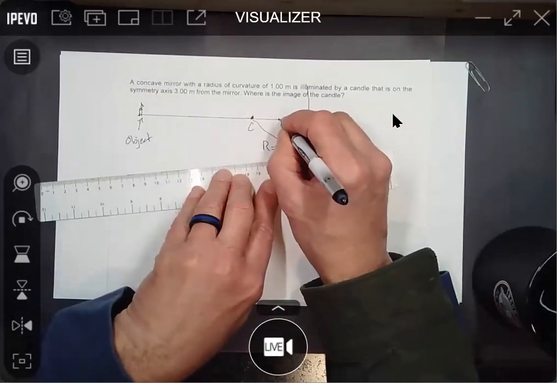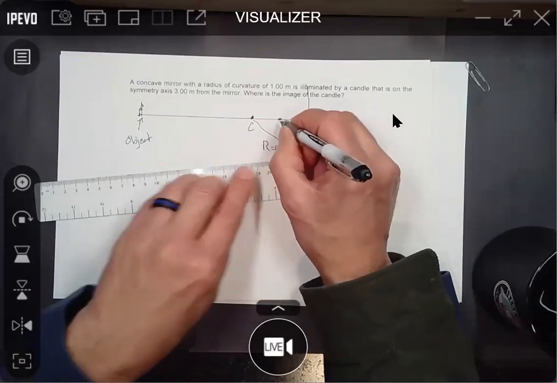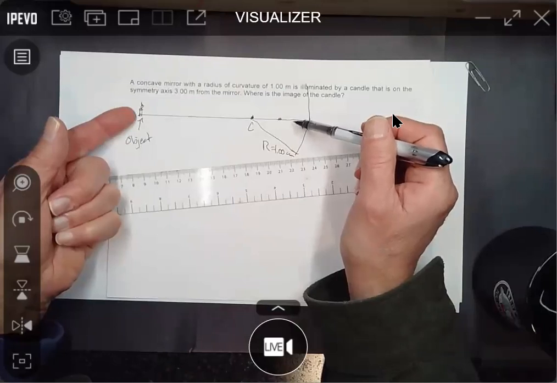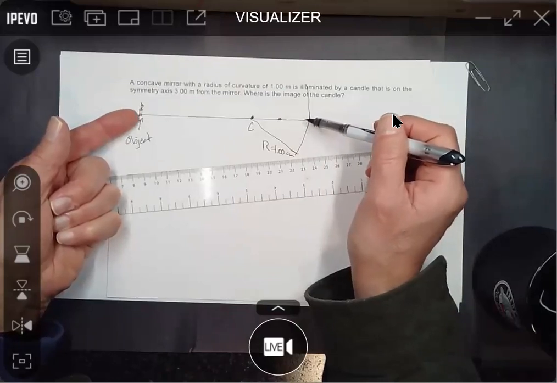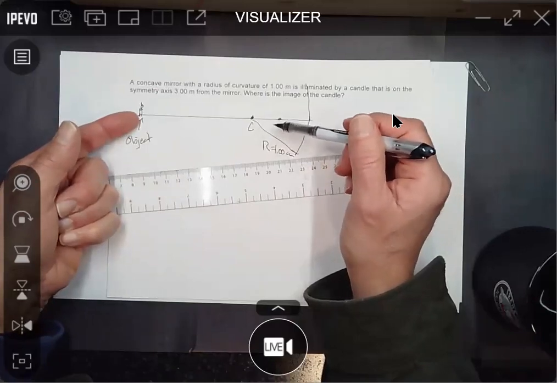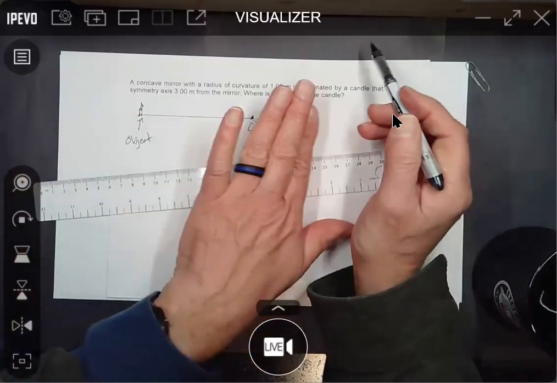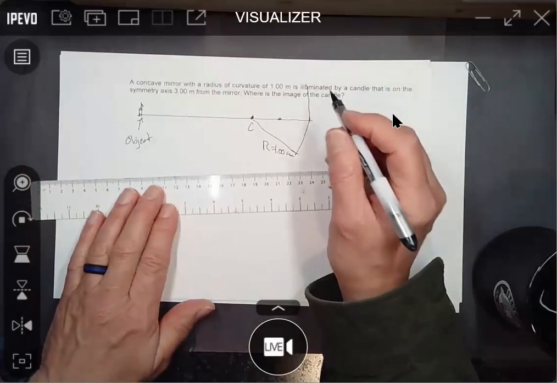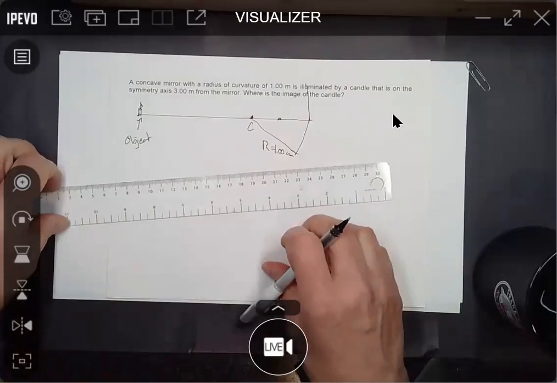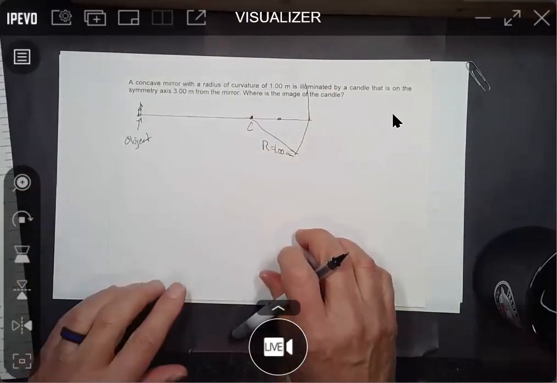So here's where the focal point is going to be. But when we had an object outside the focal point, we ended up with an inverted image that was on the real side of the mirror. So the image is going to be over here somewhere, and we just have to figure out where it is.